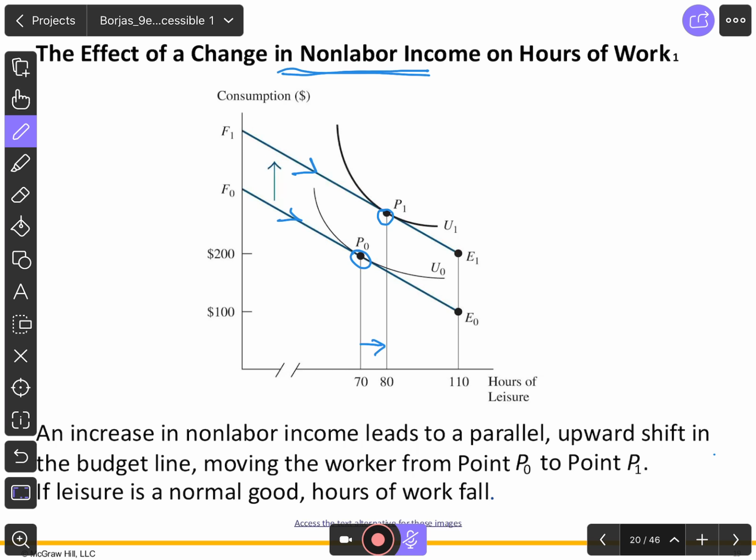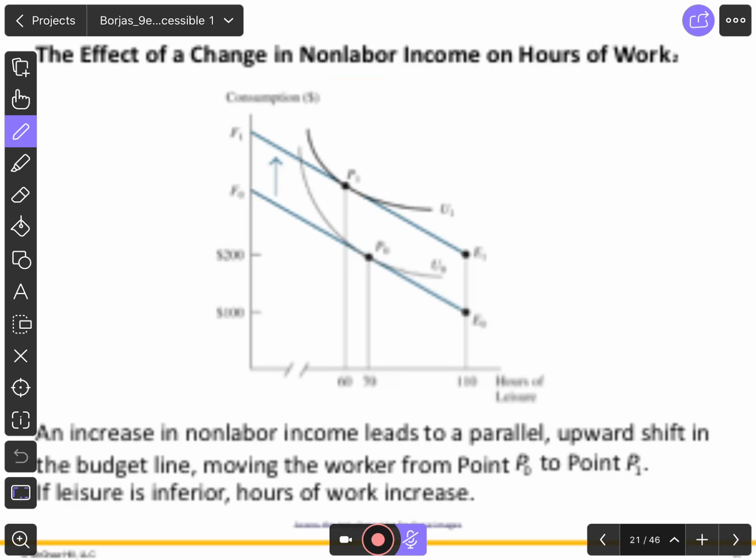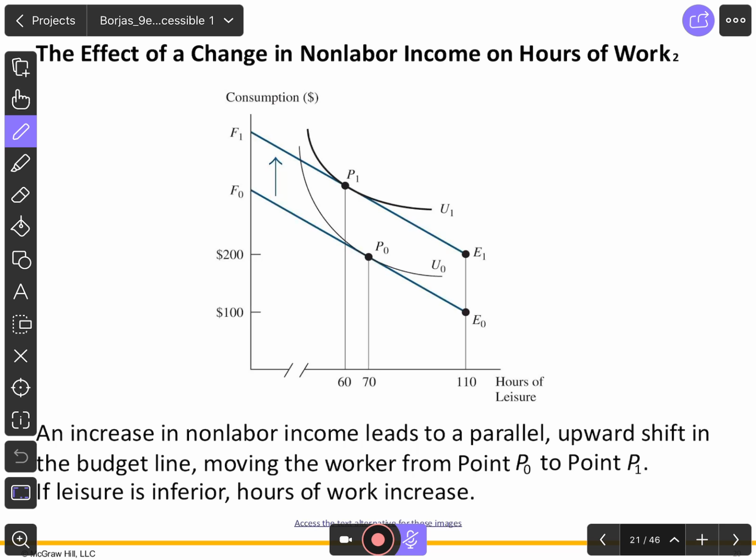Of course, this is just one possibility because we can have just the opposite. Again, I still have the parallel shift, but I have a decrease in leisure time. So we have two possible outcomes that can happen.